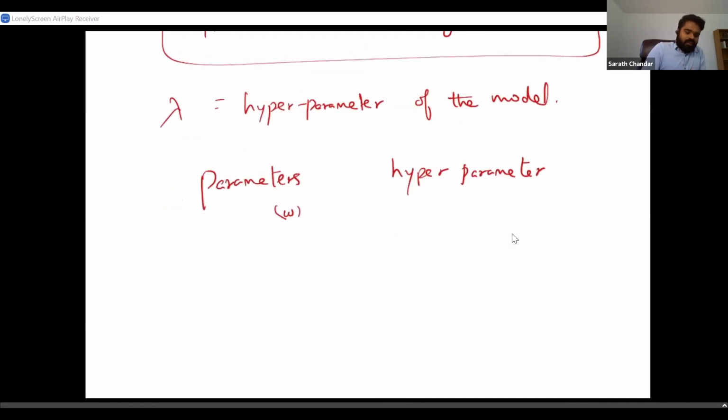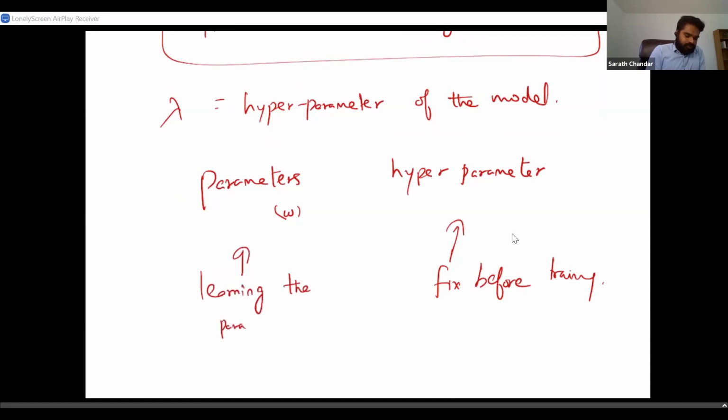Normally we will be fixing the hyperparameter before training a model. You fix your hyperparameter, and you will be learning your parameters from the training data.